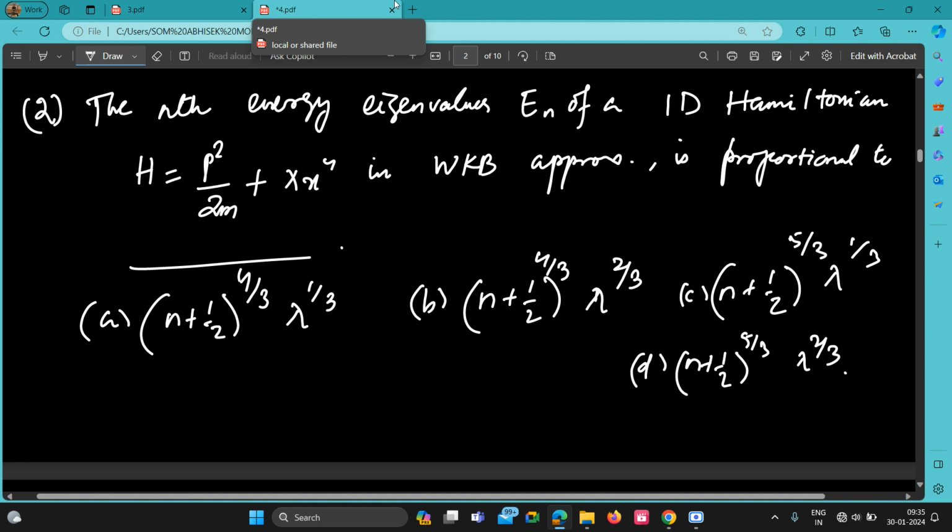Okay, see, this question is related to the WKB approximation. So if you remember the WKB approximation, the shortcut for the formula is En proportional to n to the power 2m by m plus 2, where m is the power. But here the power of lambda is also asked.